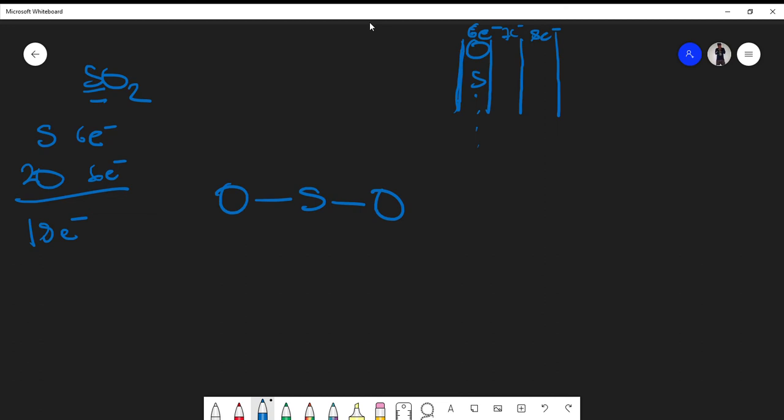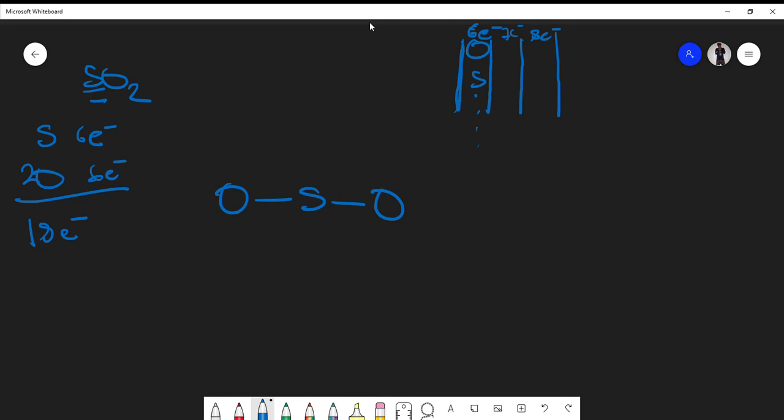But I typically start with a single bond. So a single bond consists of 2 electrons. So this would be 2, and this would be 2, 4. So right now I've used 4 out of the 18 electrons that I have to place. So I still need 14 more to place.